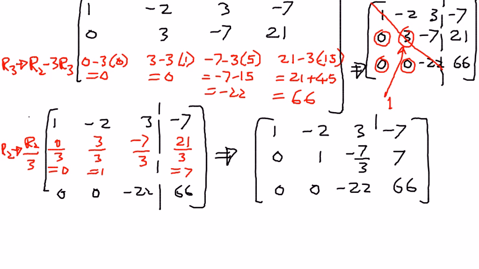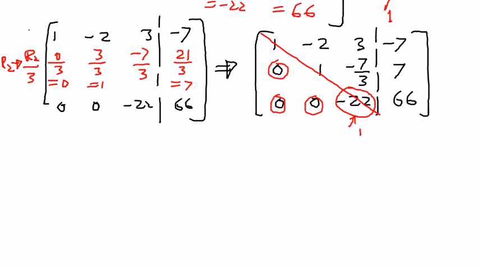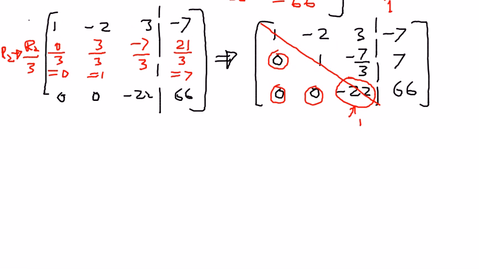So we'll draw this partition line here, and if we were to draw a line along the diagonal, we have achieved zeros below the diagonal, we have achieved ones along the diagonal, and then we need to make this location equal to 1, and then we will follow the row operations to achieve that.